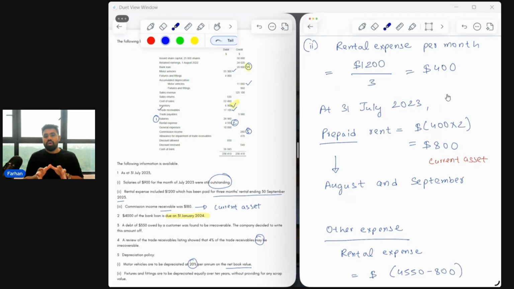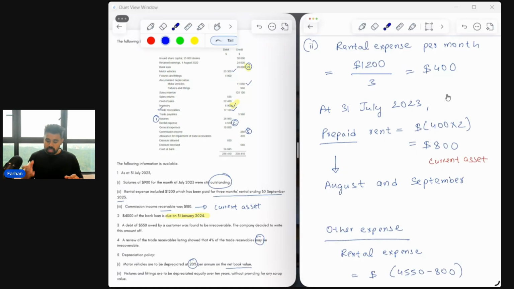And because this rent is prepaid, it is referring to us paying cash in advance for an obligation that the other party has to fulfill for us, which means we have some kind of economic benefit attached to it, right? And therefore, it perfectly fits within the criteria of a current asset. So when you prepare the statement of financial position, within the current assets section, you will show the amount for prepaid rent, and that is $800.